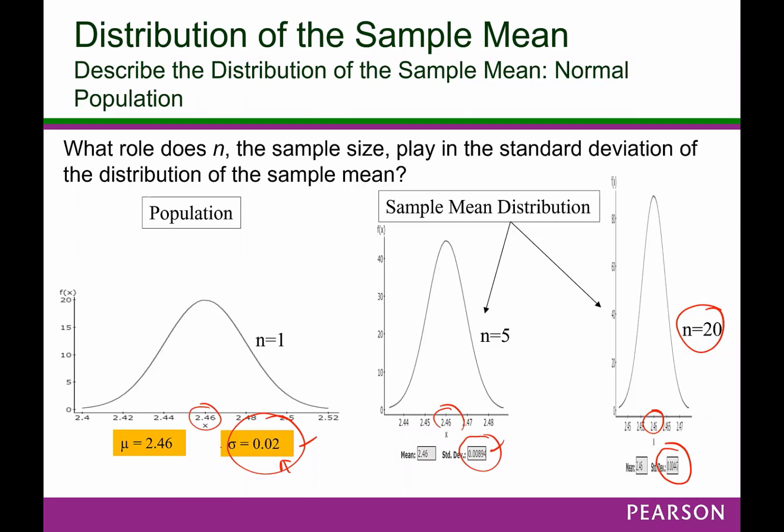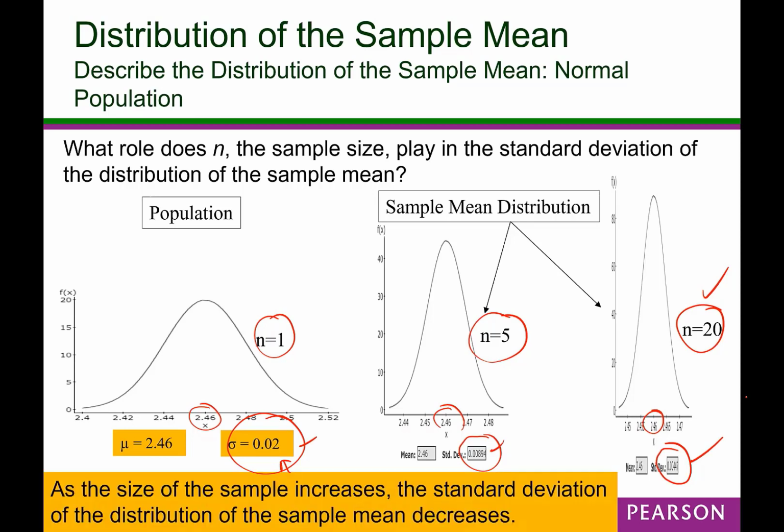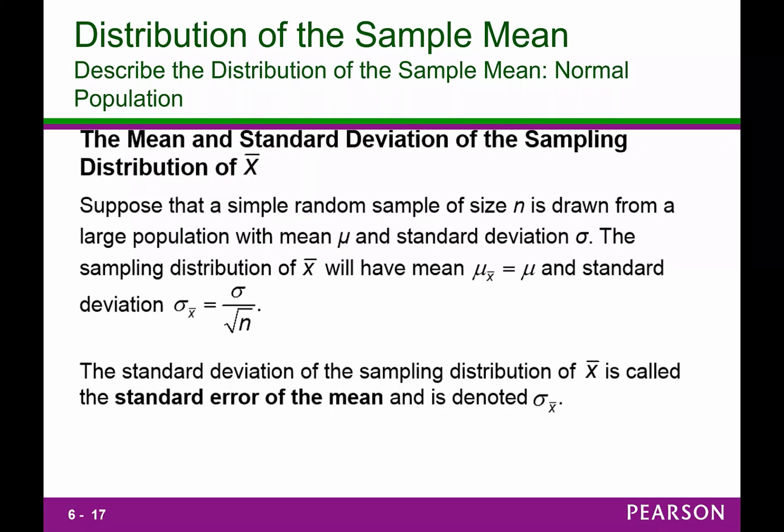The bigger the sample size, the smaller the standard deviation, the variability of this distribution. As the sample size increases, the standard deviation of the distribution of the sample means decreases. Then we have the first conclusion of this analysis.